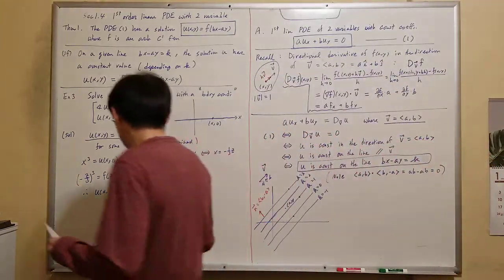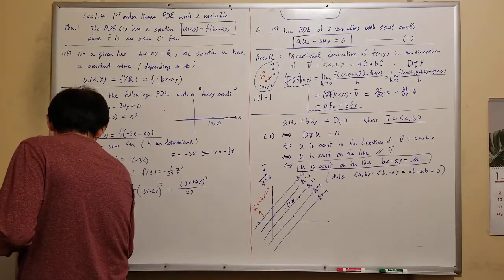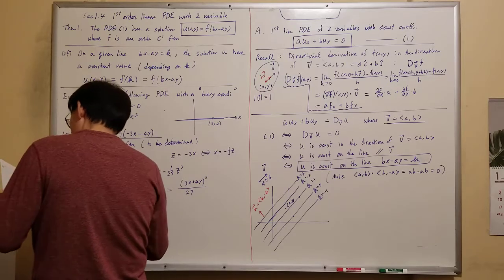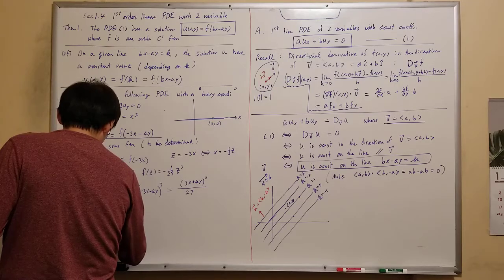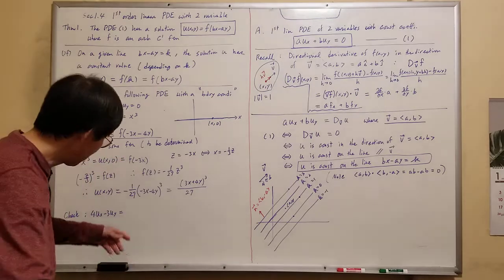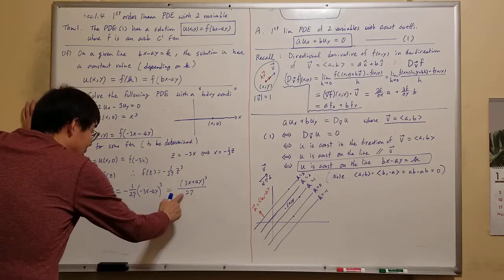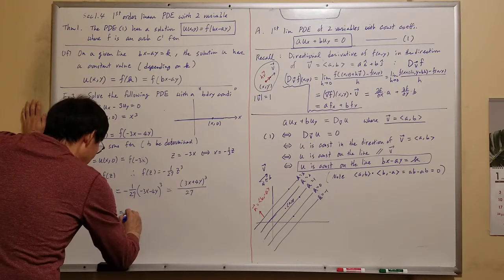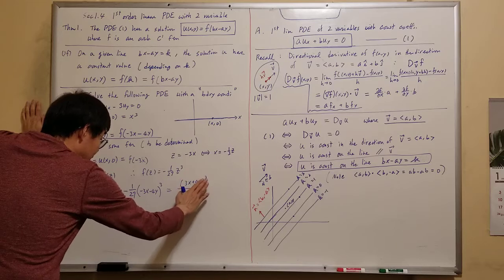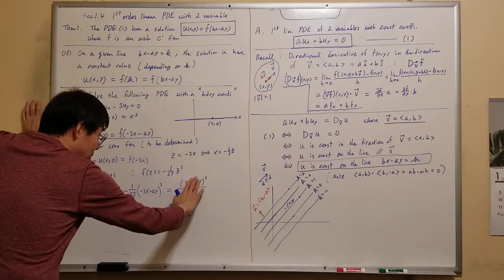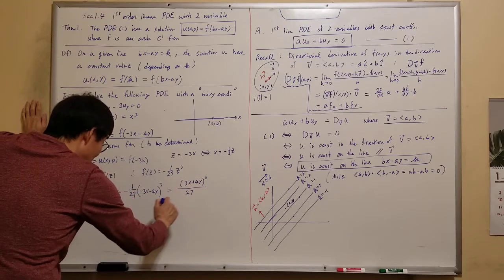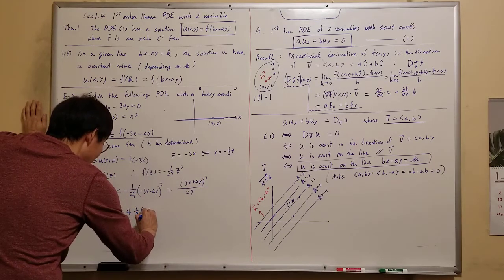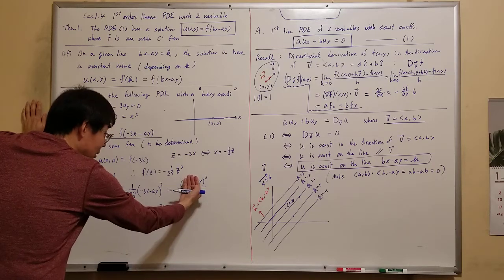So here, you can check. All right. What is 4 u sub x minus 3 u sub y? Okay? So u sub x, in order to take the x partial, what do you do? Something to the third power, you have to do the chain rule. X partial of this one is 3 times this one squared. 3/27 is 1/9. Whatever the inside, the second power, times the derivative inside.